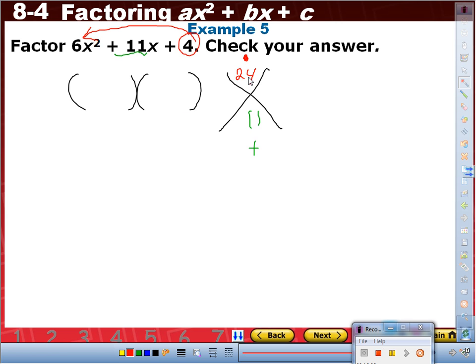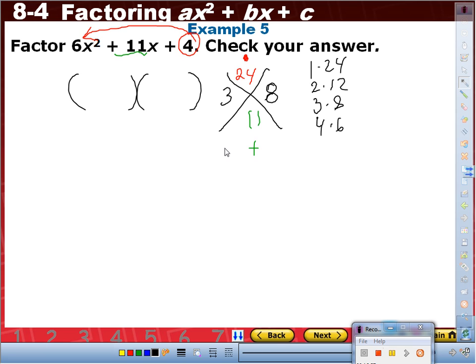To get the top, I need to multiply the leading coefficient times the last term. That's what gives me this. Now I need to start looking for my factors. 1 times 24, 2 times 12, 3 times 8, 4 times 6. So which one of those adds up to 11? 3 and 8.